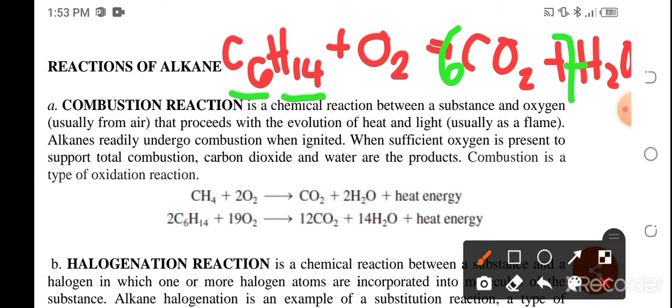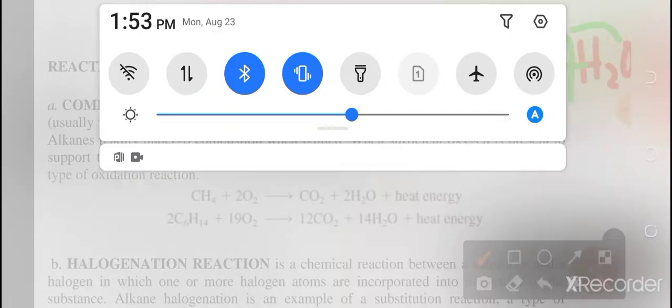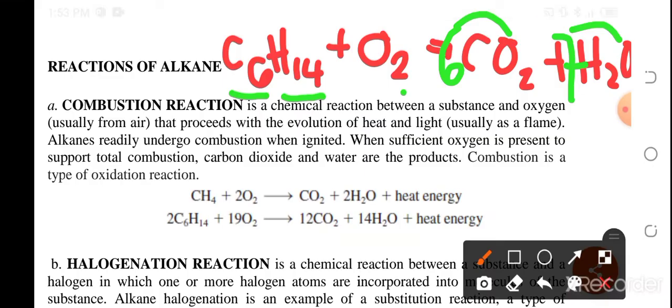But with that 7, the oxygen will then become 7 as well. And the oxygen here is 6 times 2 is 12. So, 12 plus 7 is 19. However, meron tayo ditong 2. So, that would be 19 and a half.